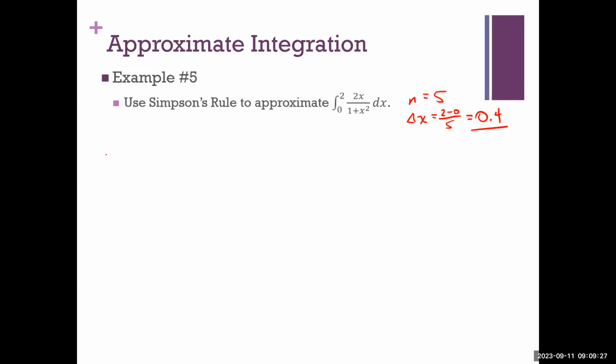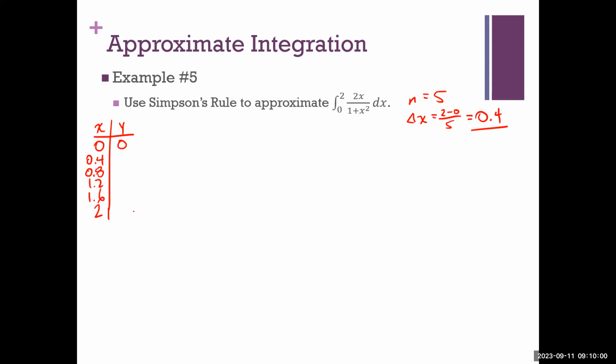So based on that, I need to find the x values, since the interval is spaced that evenly: 0.4, 0.8, 1.2, 1.6, and then 2. All right. Can we get y values for each of those x values? The endpoints are a little easier to do, so I'll do those.